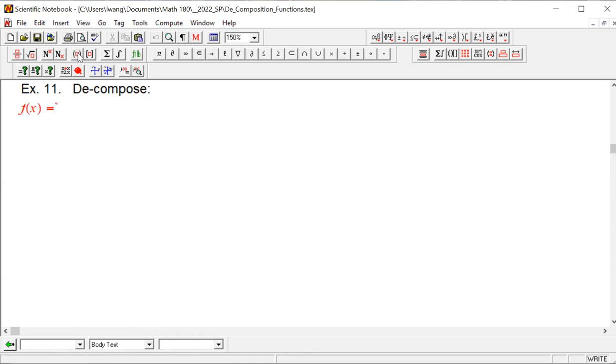So this is the function. You have sine squared, and inside is e to the power of sine squared of x.